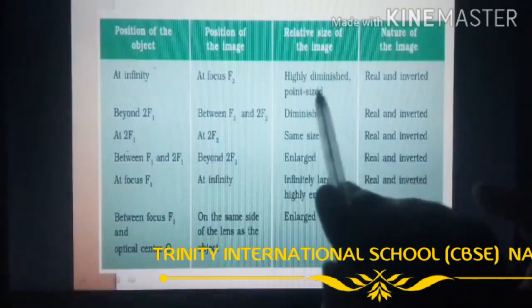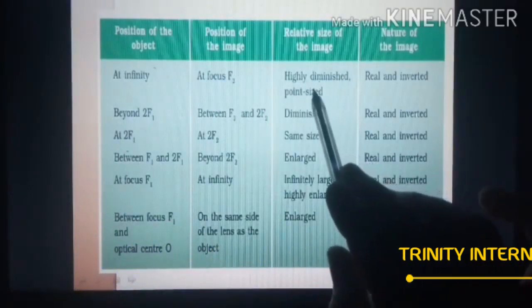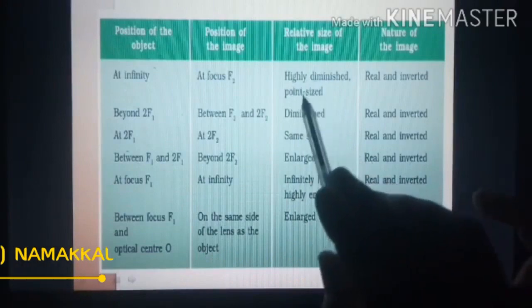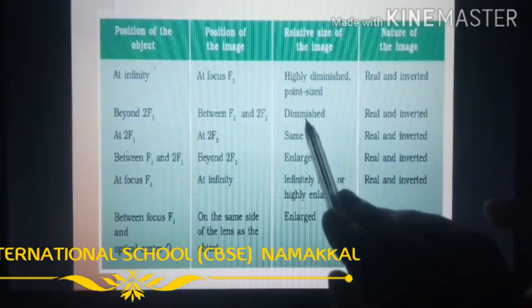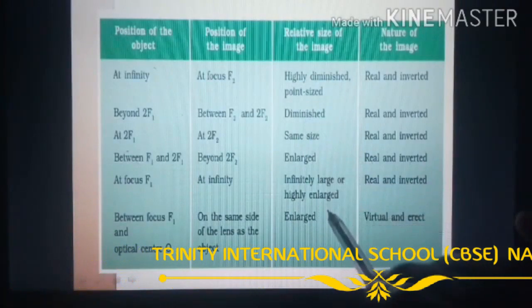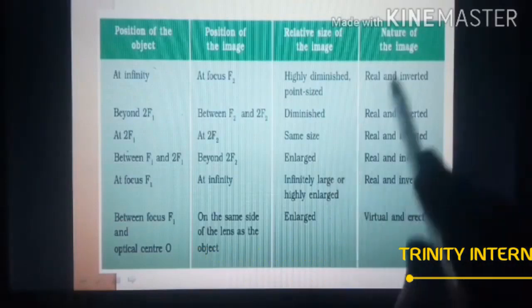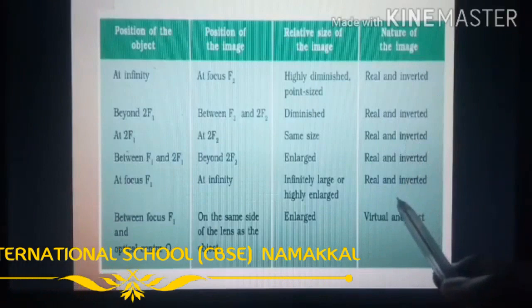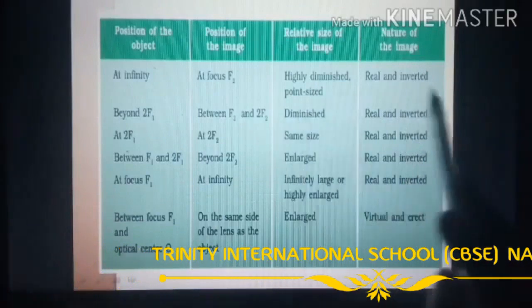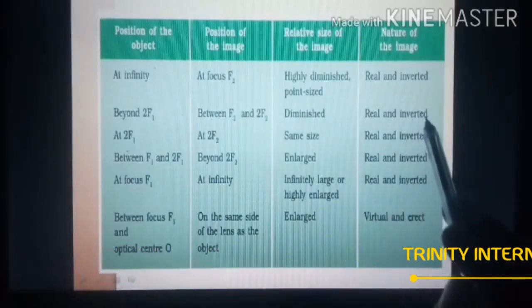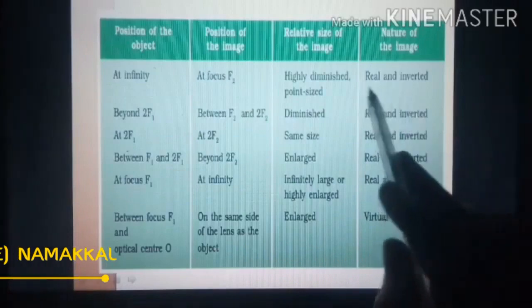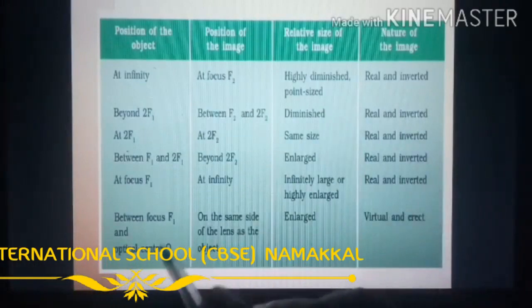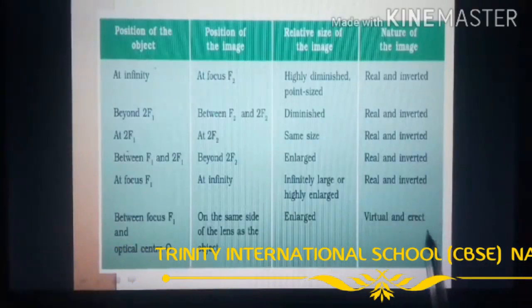And the size also goes from highly diminished, point size, to diminished, same size, enlarged and highly enlarged. In the first five cases we obtain real and inverted images, because for a convex lens the image is obtained on the right side of the lens. All those images are real and inverted. Only in the last case we obtain a virtual and erect image.